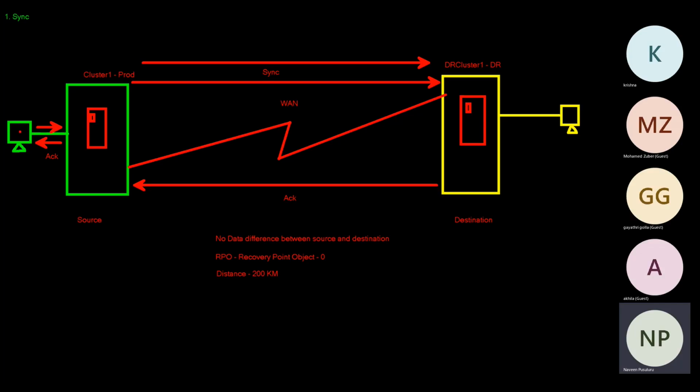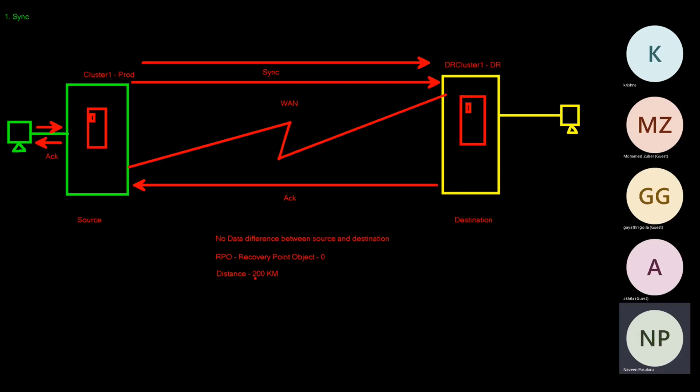whenever my client is copying some data, it is immediately copied to the destination, and only once you get the acknowledgement will it let my client copy another set of data, right?